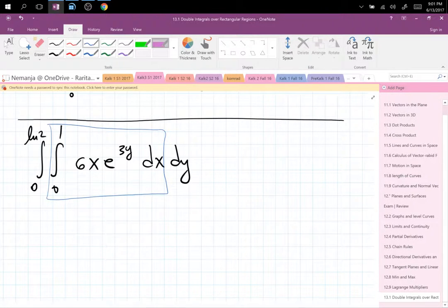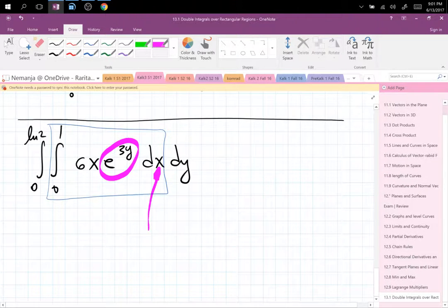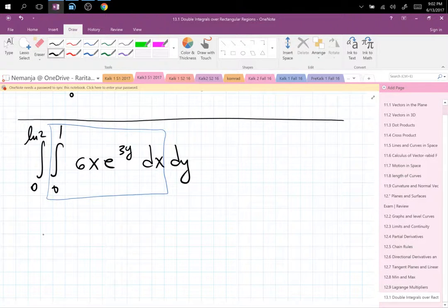Now, you use your eyes to see that the integral is in respect to x, which means e to the 3y is a constant. All right? Just like your partial derivatives, when you took the partial derivative in respect to y, your x's were constants. Same happens for integration. So, when I am integrating this, we have 0 to ln 2, and now I'm integrating x.